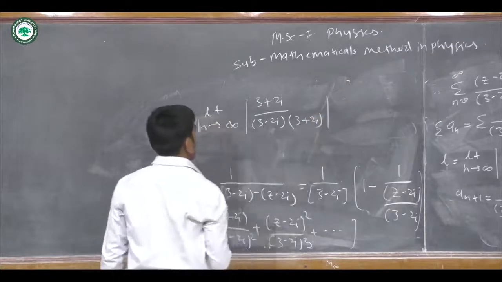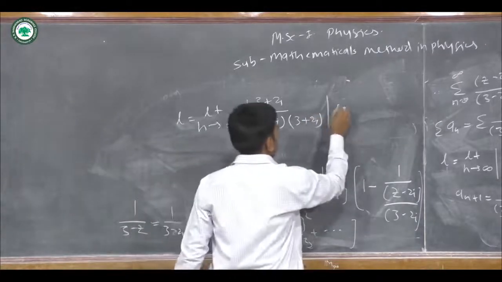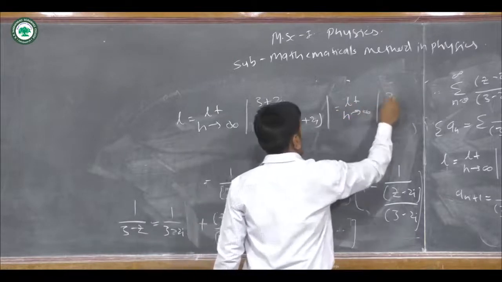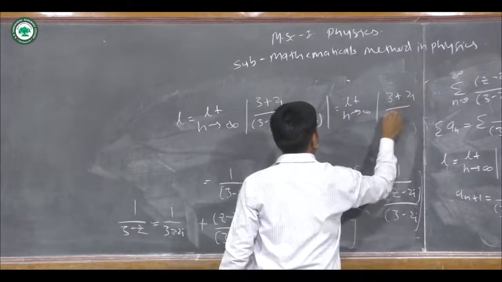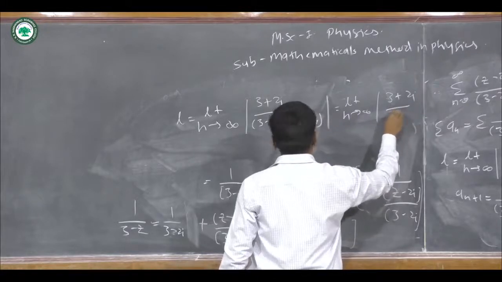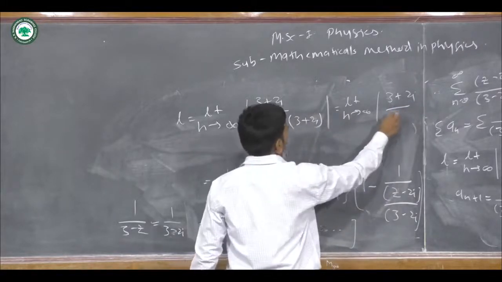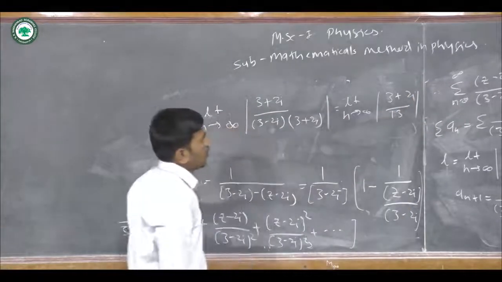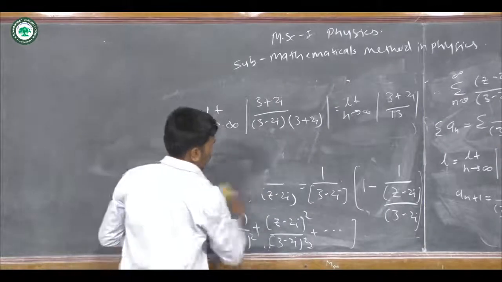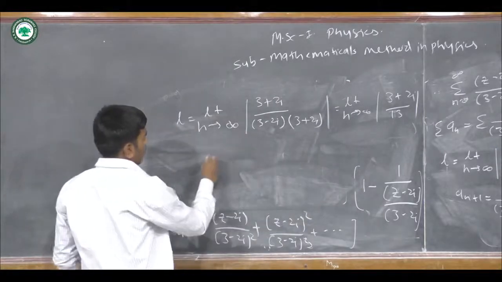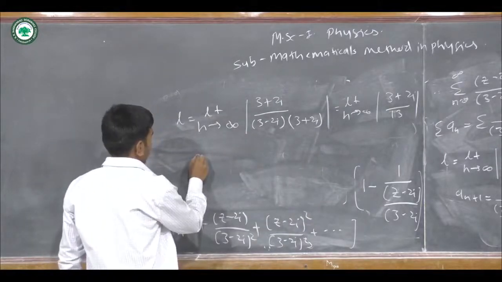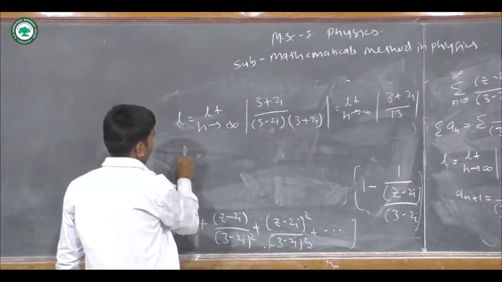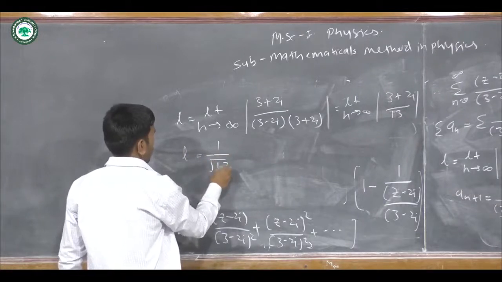So this becomes 3 plus 2i divided by 9 plus 4, that is 13. If I remove this modulus, L is equal to 1 by root 13.